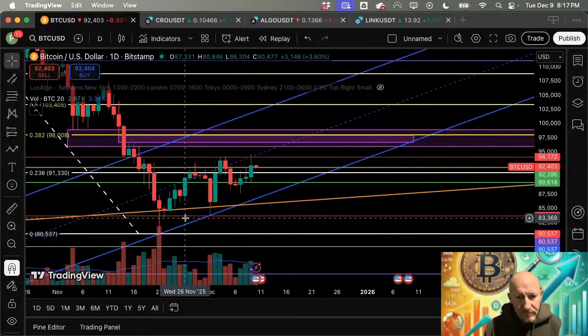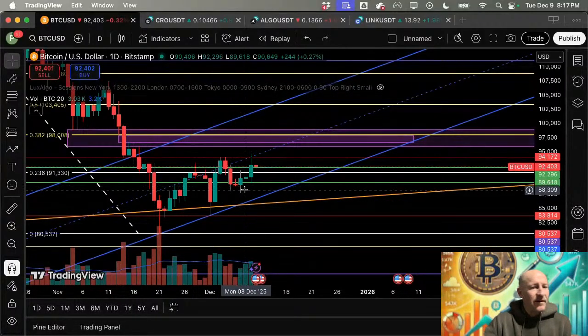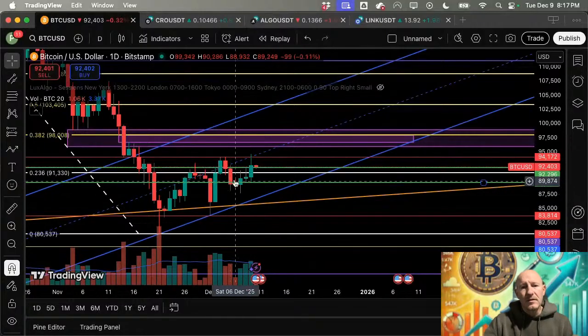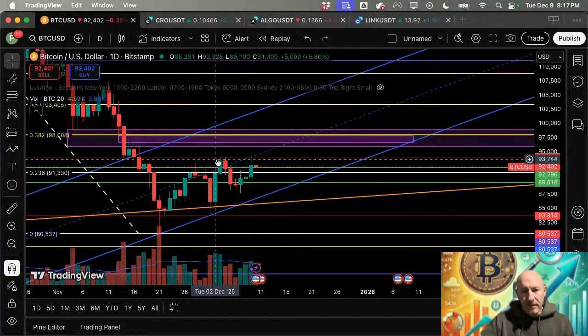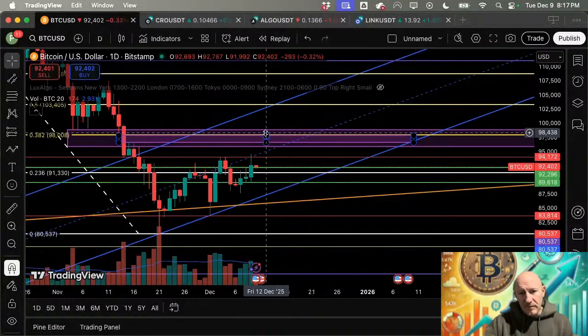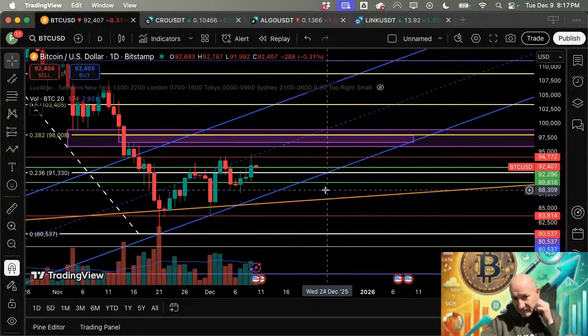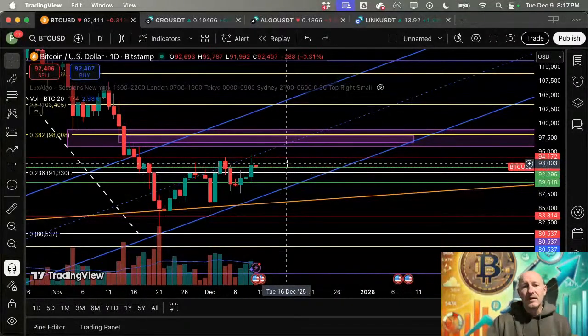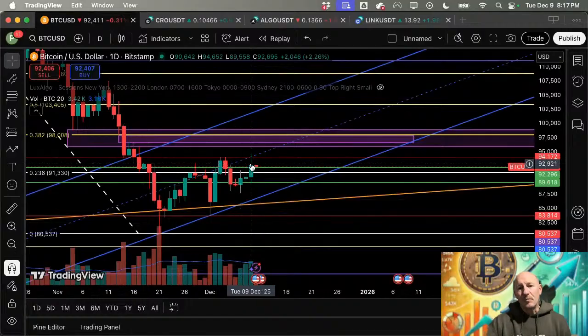So if you weren't in here, wait for it to break above here. Once it breaks above here, wait for it to retrace and buy more. If you're buying here, make sure to hedge because it could go lower.